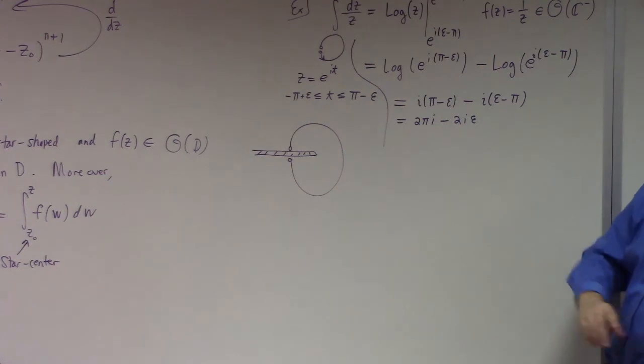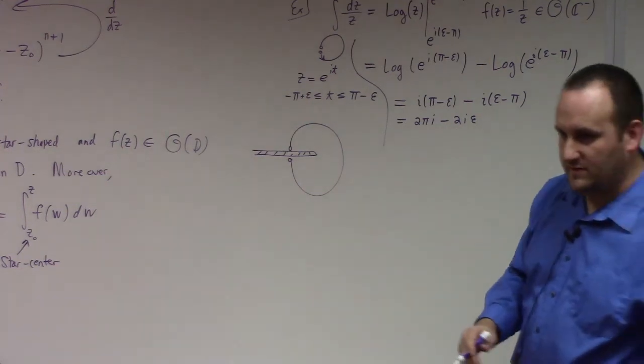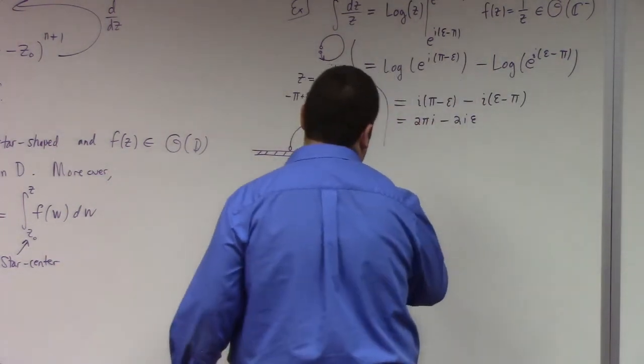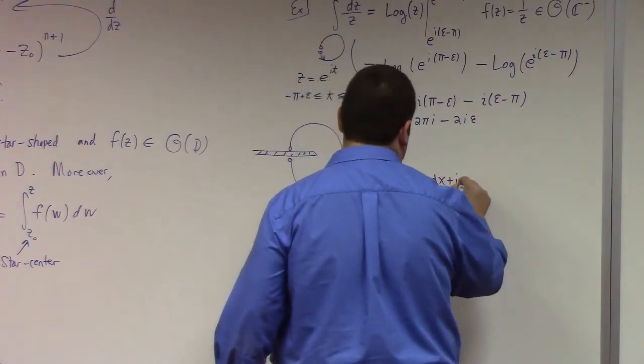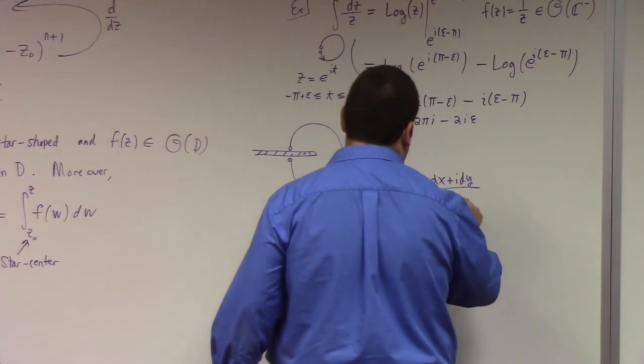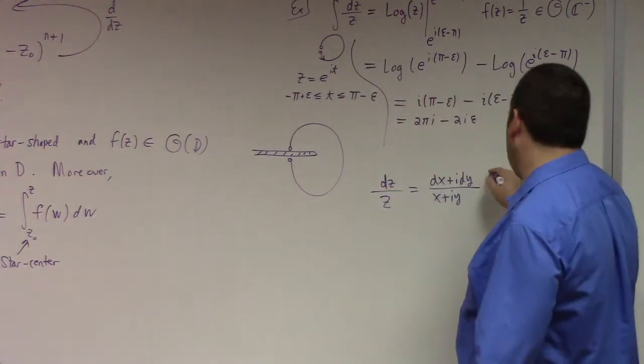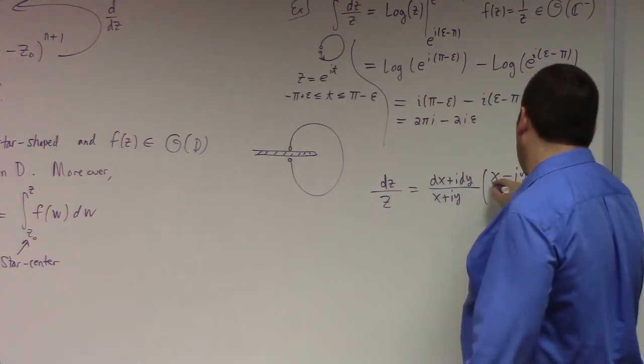By the way, this isn't the first time I showed you guys this example. You should be able to see through this. What's 1 over z, dz? It's (dx plus i dy) over (x plus iy). Multiply this by (x minus iy) over (x minus iy).